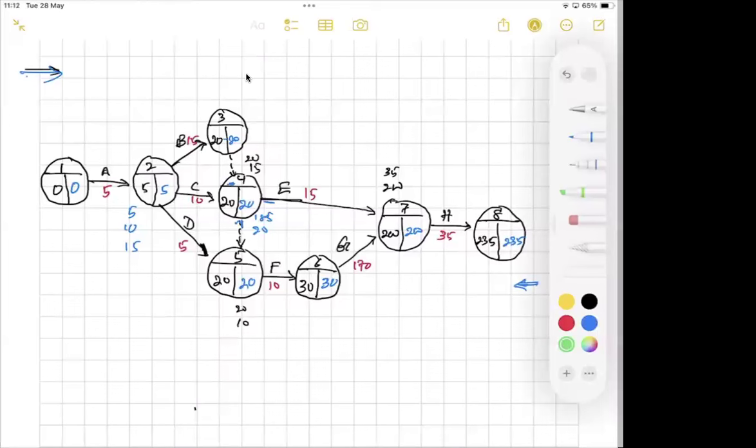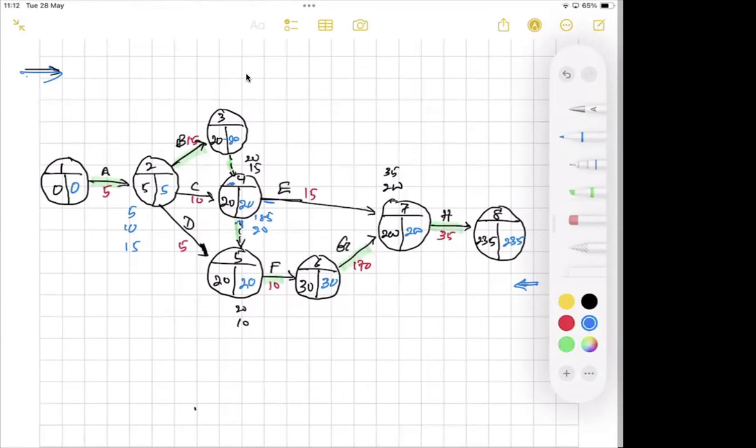Can you identify the critical path? What is the critical path? A, B, dummy, dummy 1, dummy 2, then F, G, and H, right?